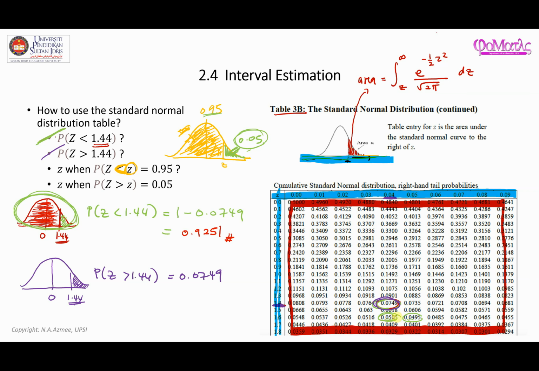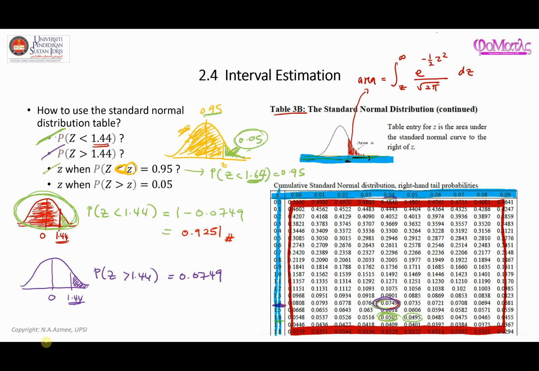Let's say you take this one. So z is 1.64. Probability z less than 1.64 is equal to 0.95.